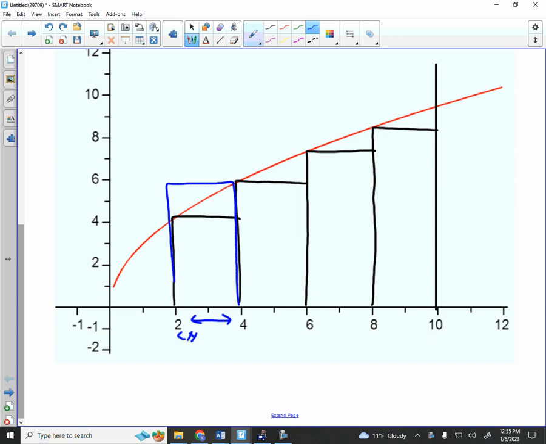Will that underestimate or overestimate the area? That will overestimate the area, won't it? And so if I draw it to the height of the right side, now all of a sudden in this situation, I'm getting an overestimation. So it looks like the black is an underestimation, and it looks like the blue is an overestimation. Agreed?